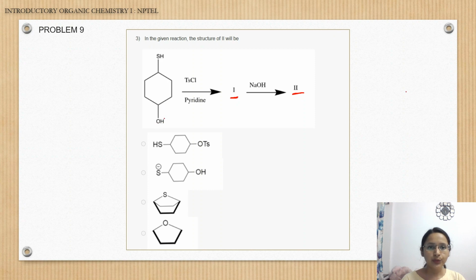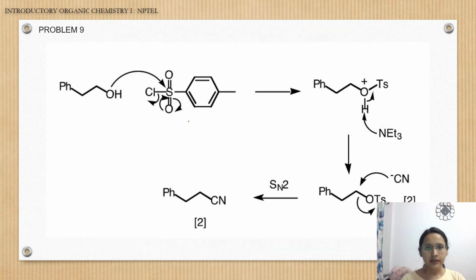I've told you, if you have replaced with the tosyl group, then you will have a notation that is OTs. So how is tosylation happening? This is the tosyl chloride. This is alcohol. Now you have pyridine in the system. What will pyridine do?